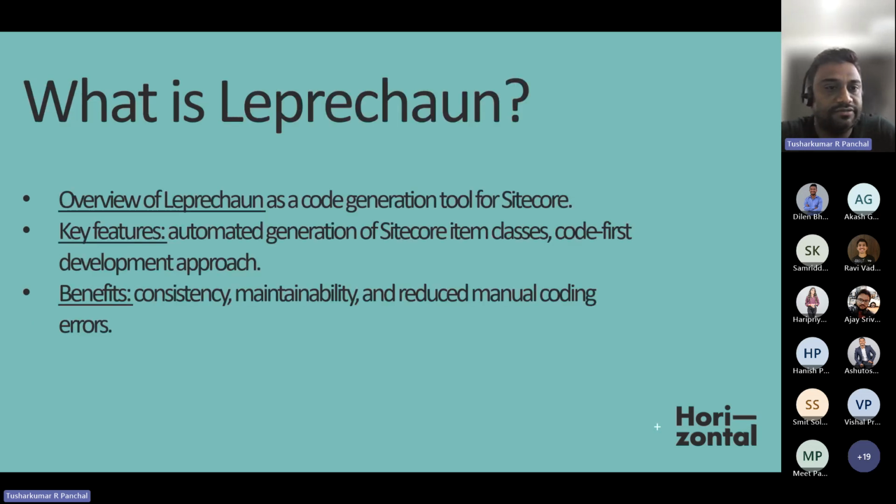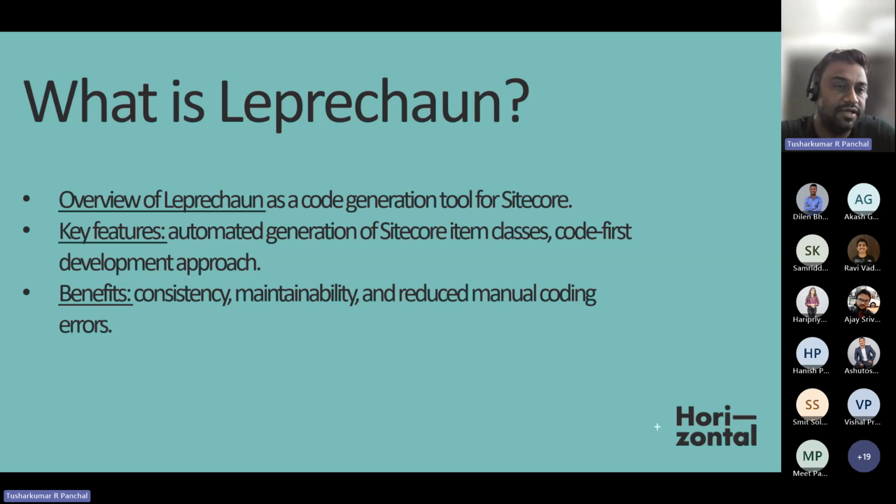As we might or might not know, Leprechaun is a tool which we can utilize to generate code. It is a code generation tool that converts the Sitecore template items into models, and those models we can utilize in our project.